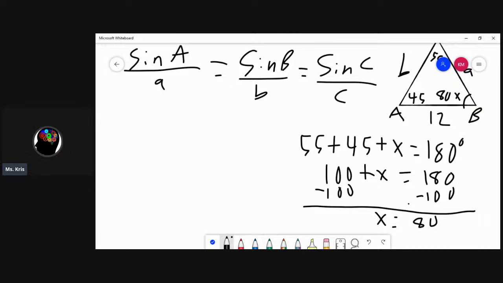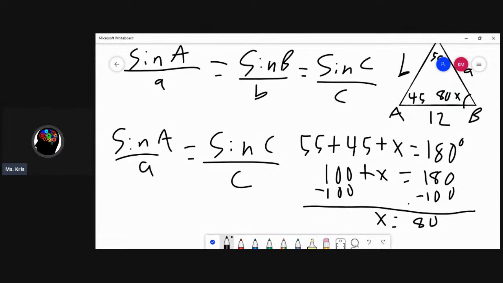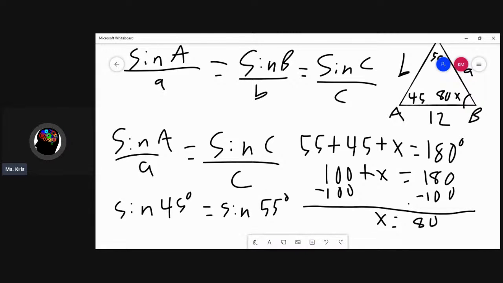So the law of sines says that, hey, if sine A is over A, it equals sine C that's over C. So now sine A, of course, is the sine of 45 degrees, and that equals the sine of 55 degrees.